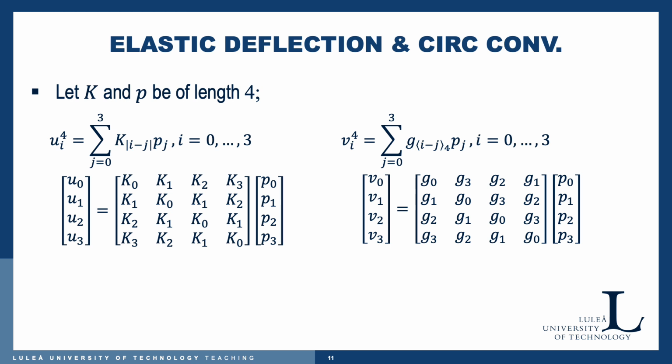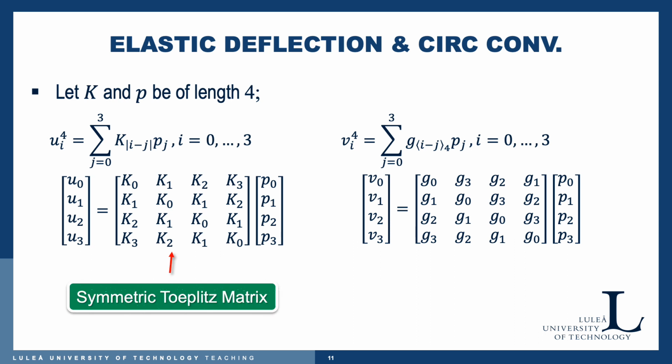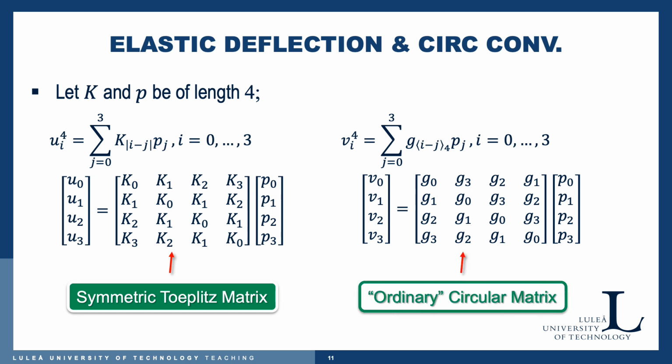On the left hand side we have a circular but symmetric matrix, and it turns out that this one is actually a Toeplitz kind of matrix. The other one is also a Toeplitz kind of matrix, but it's ordinary circular in some sense, so it's just plain circulation, it's not including this symmetry.